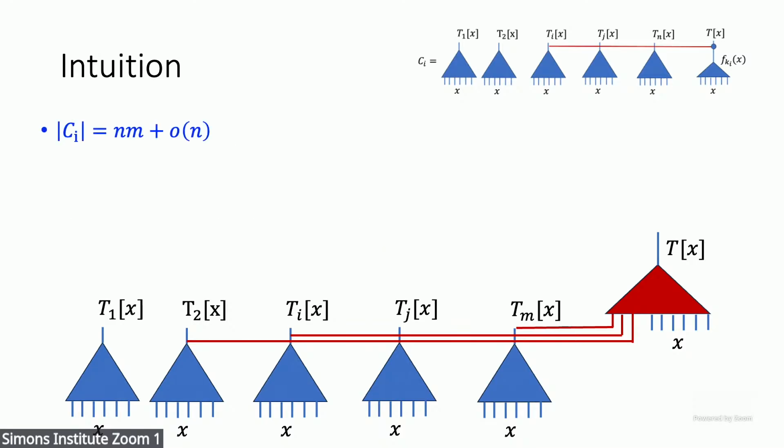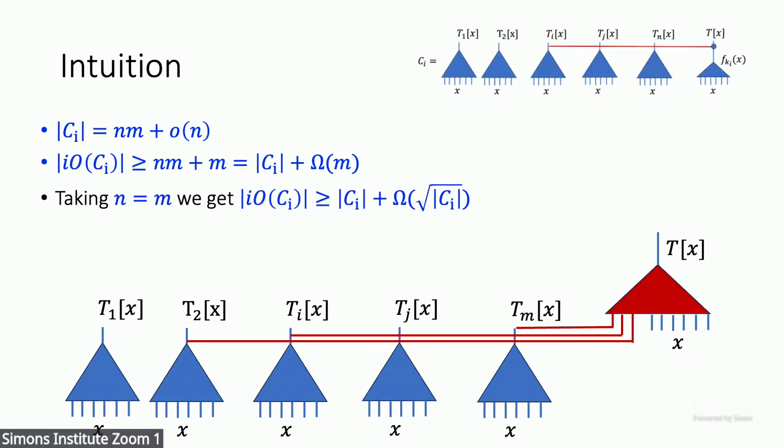So the original circuit was of size n times m plus n, but the new circuit is at least of size n times m, which is the size of this circuit, plus n, because this circuit needs to touch all of them. So if we just choose n to be equal to m, we get a low overhead of square root of the original circuit. And that's it.